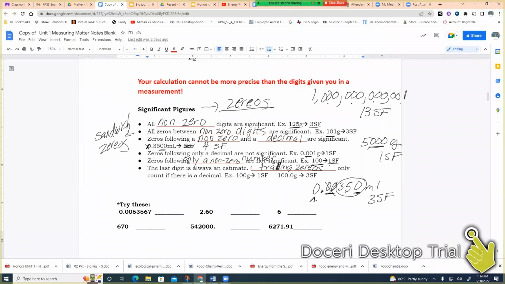But once I put that decimal in, it makes all of those numbers significant. This is another typo. So it should say 4 sig figs. 5,000 is 1 sig fig. 5,000 with a decimal becomes 4 sig figs. So the decimal makes a big difference on that.